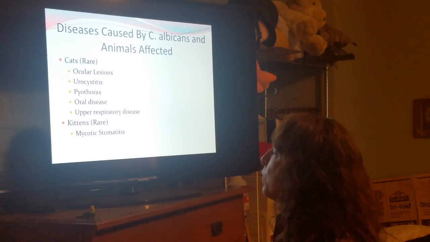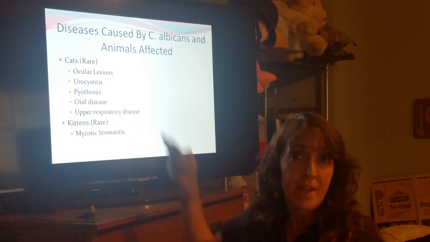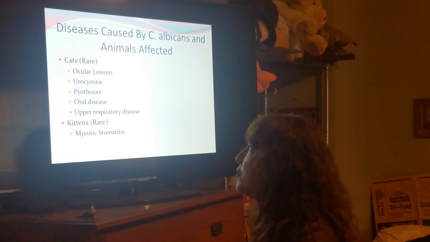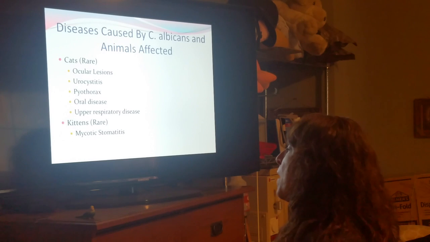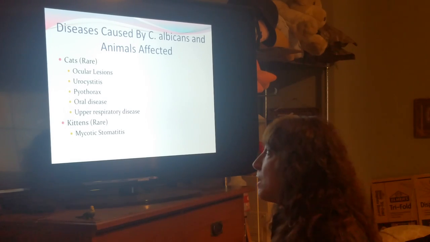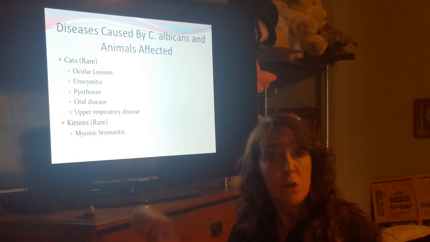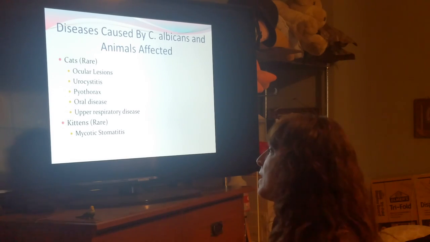cats, and the disease is rare in cats, but you'll find ocular lesions, urocystitis, pyothorax, oral disease, upper respiratory disease. Kittens also rare, but you'll find mycotic stomatitis.